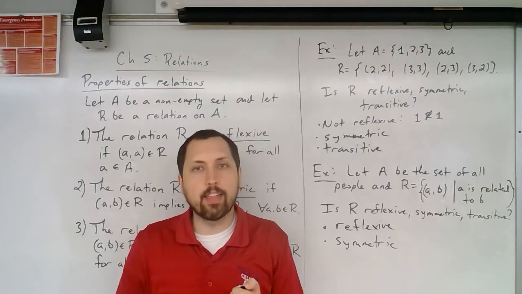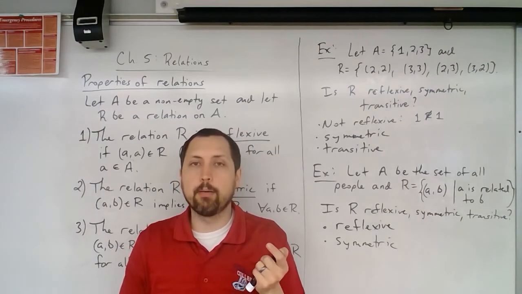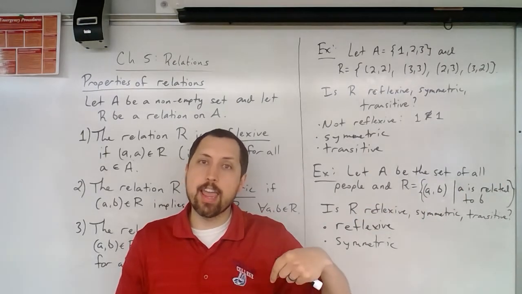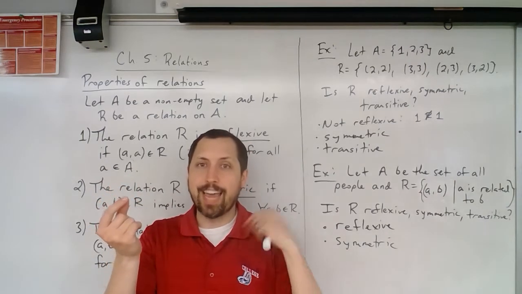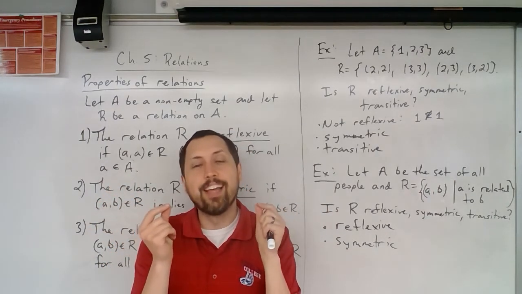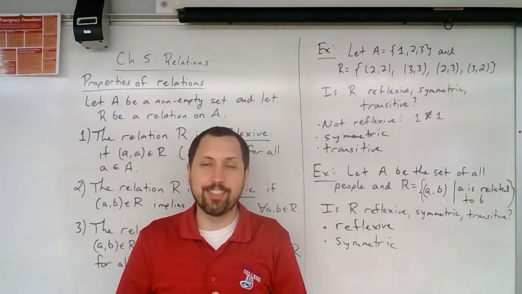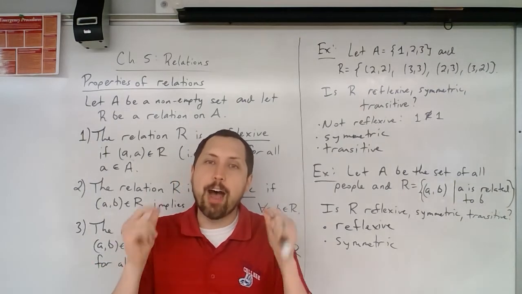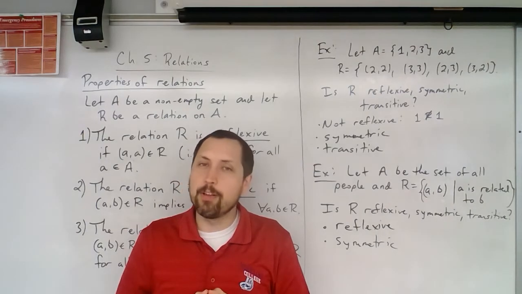But what if we think about another example? My dad is related to me, and I am related to my mom. Is my mom related to my dad? Well, hopefully not, right? There are weird situations. There are some states where that's more normal, but the idea of our parents being related is not really the way we think about related.